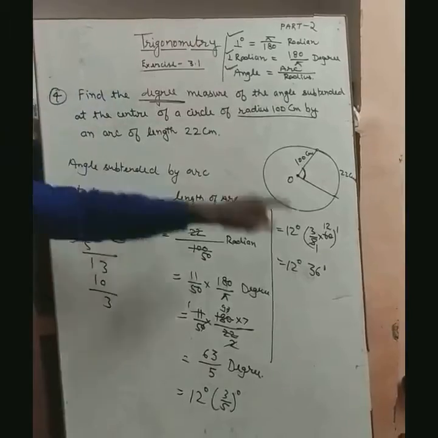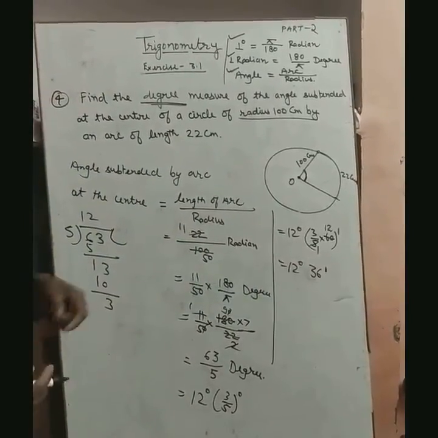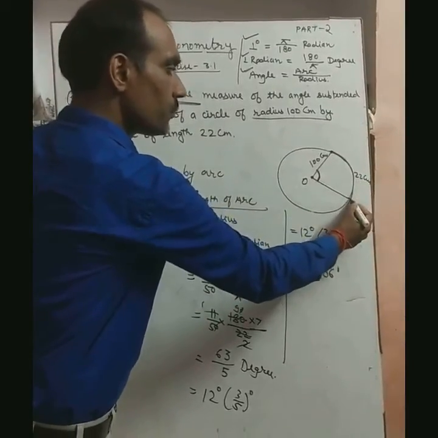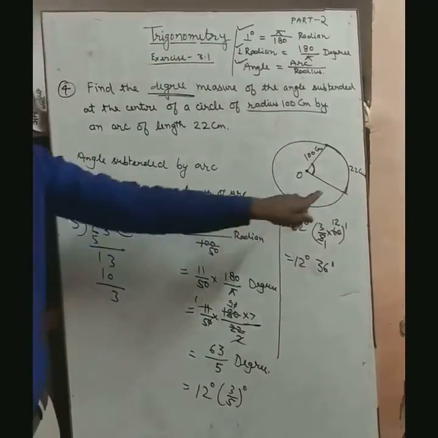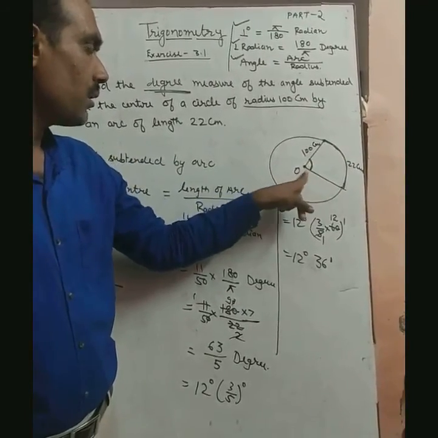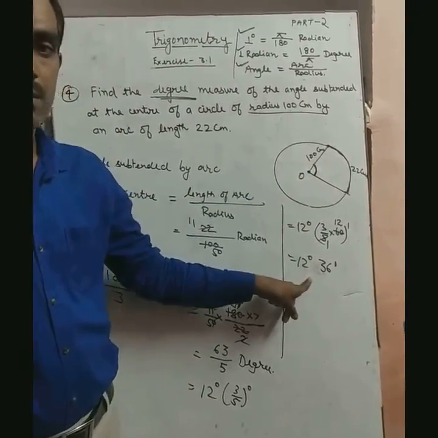Now this is the answer. This is the angle subtended by the 22 centimeter length of arc at the center of the circle. Clear?